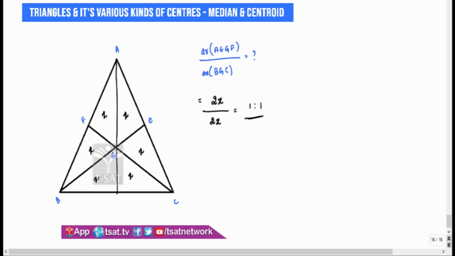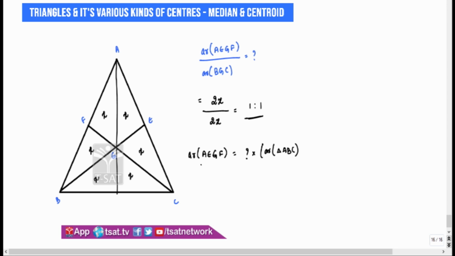Here if I ask you the area of AEGF is what part of the area of triangle ABC? This quadrilateral area is equal to how many times or what part of triangle ABC?